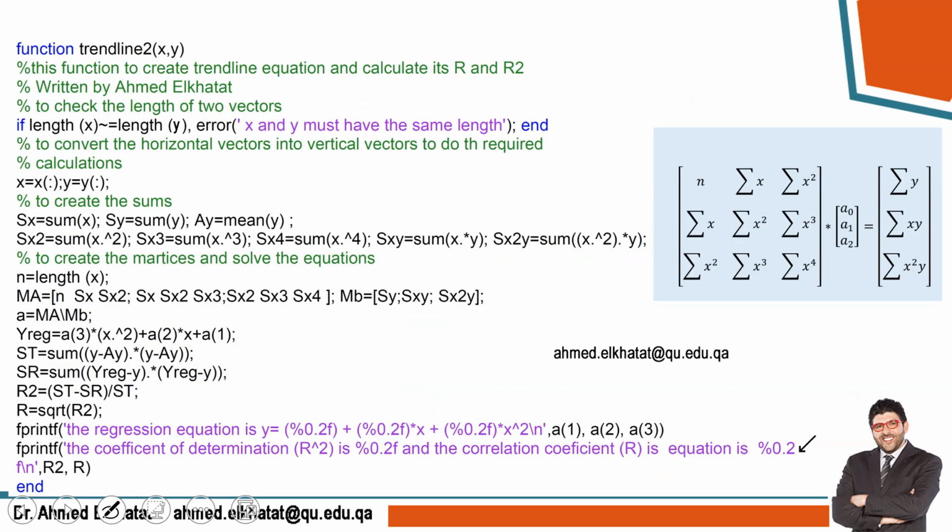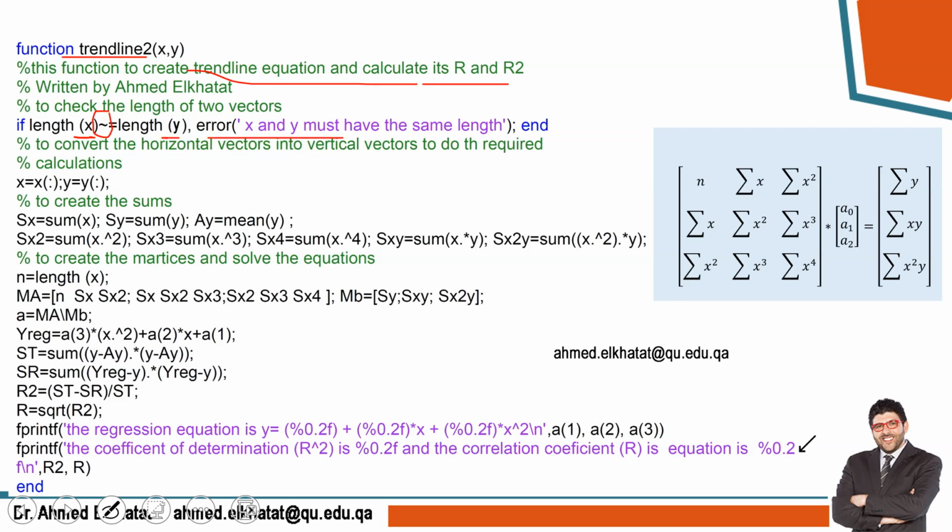Now, in exactly the same way, I called this function trend line 2 because it's second order. This function creates a trend line equation and calculates its r and r squared. Now this checks if x length doesn't equal y length, then error.